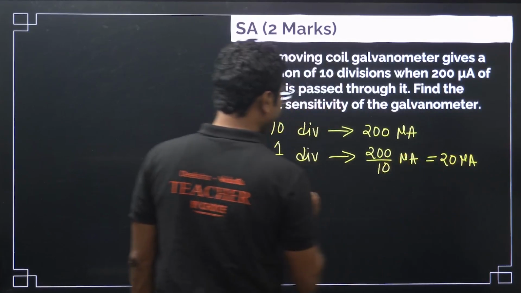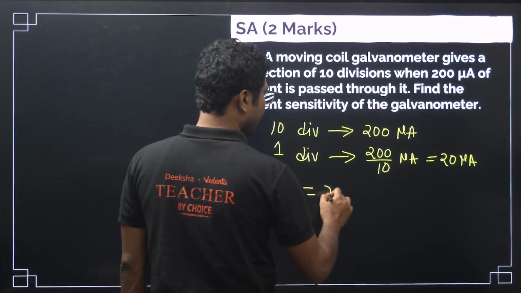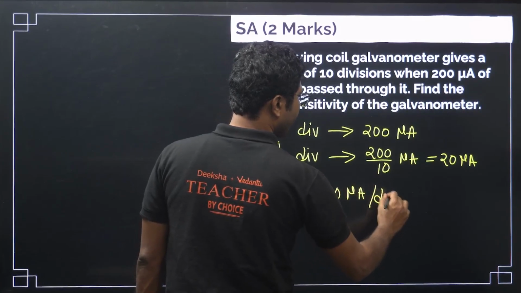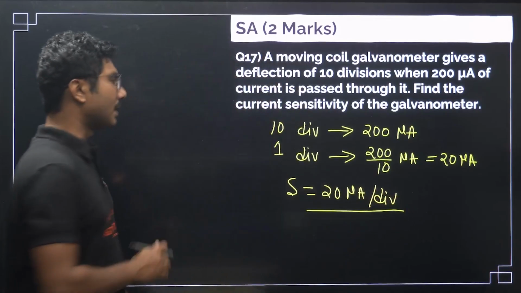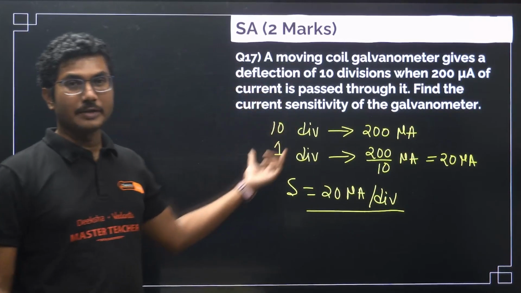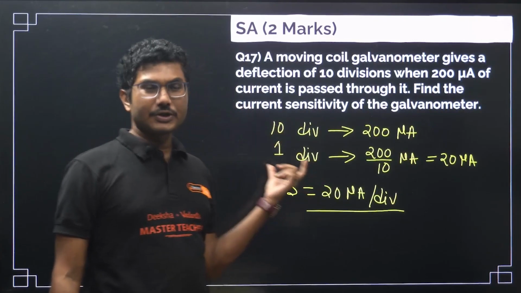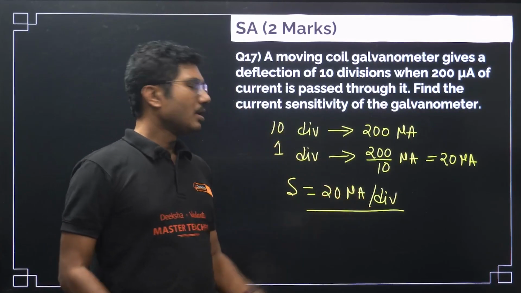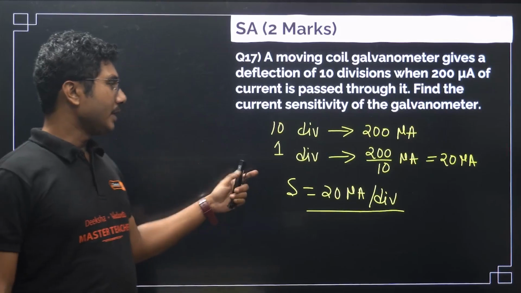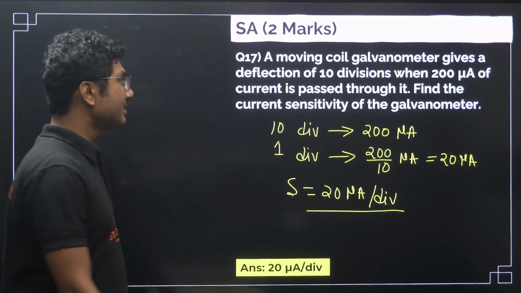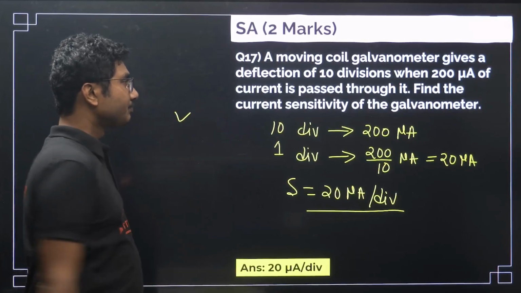So the sensitivity is 20 microampere per division. This is very important. The unit will be per division, because by the unitary method you have calculated the current required for one division. That means it will be 20 microampere per division, that is the current sensitivity of this device, as simple as that.